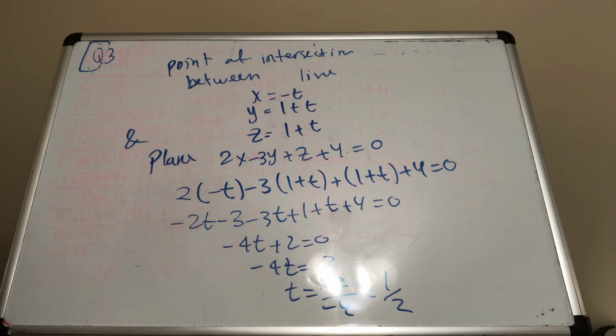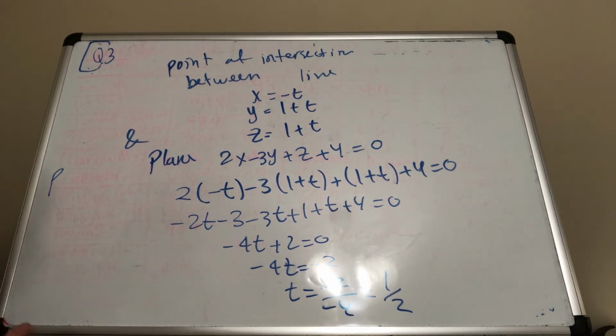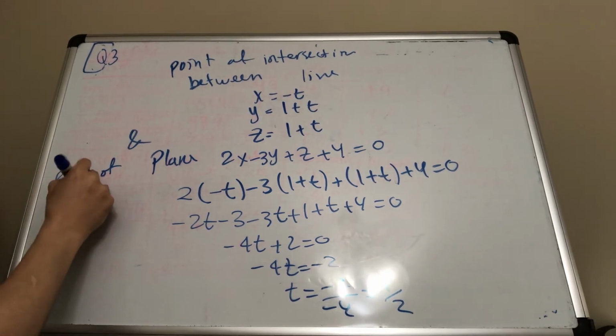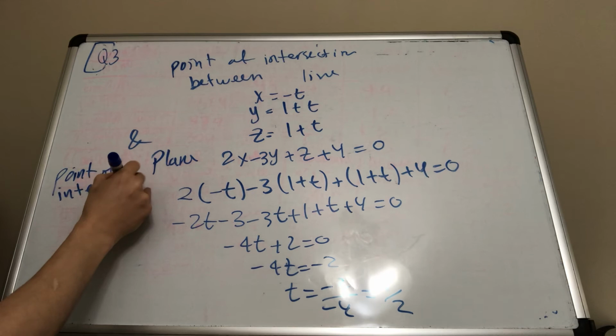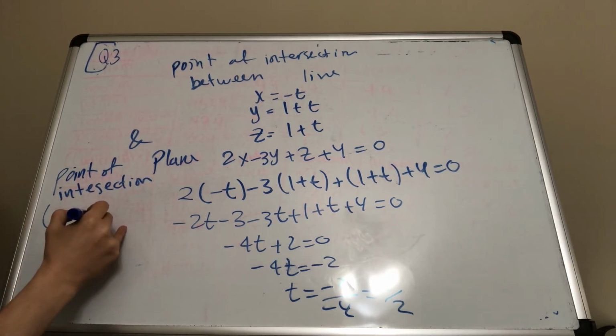Once you figure out what the t is, the point of intersection, any point would be x, y, z.